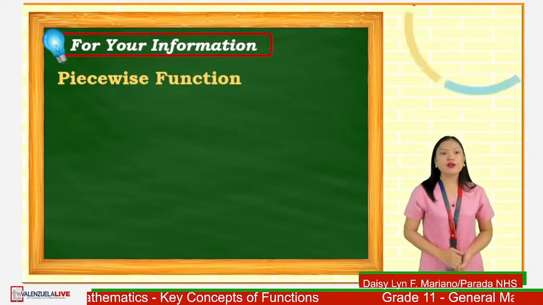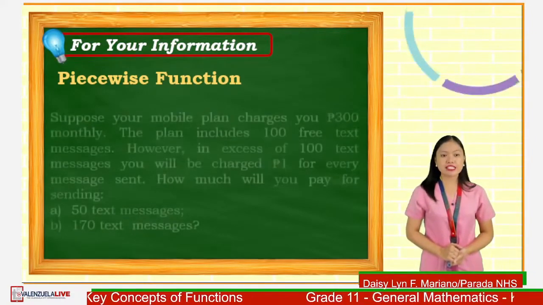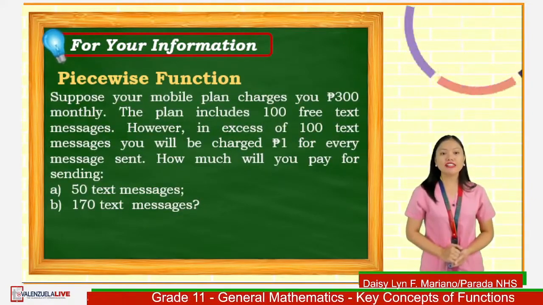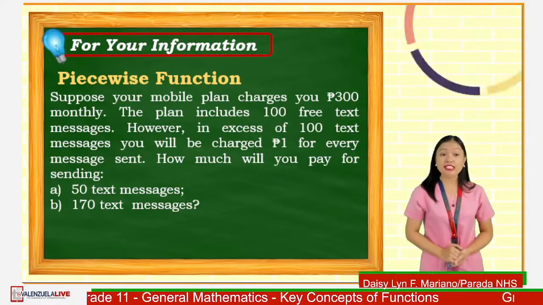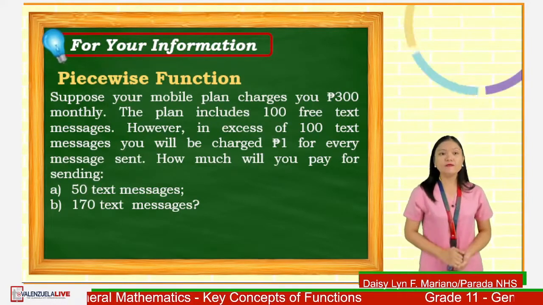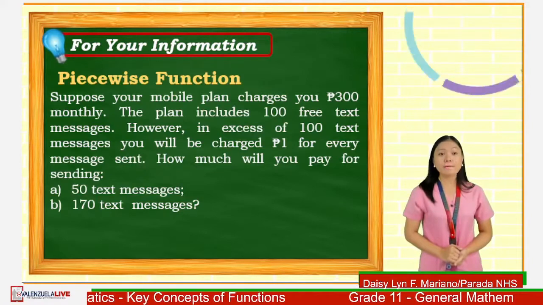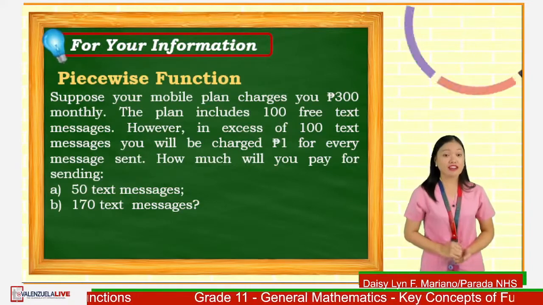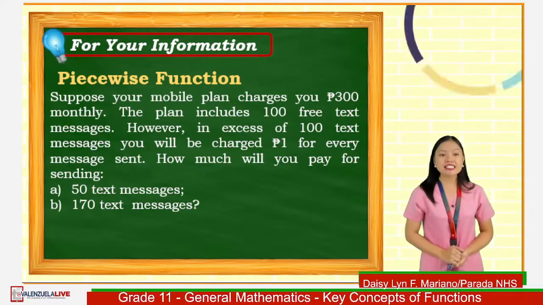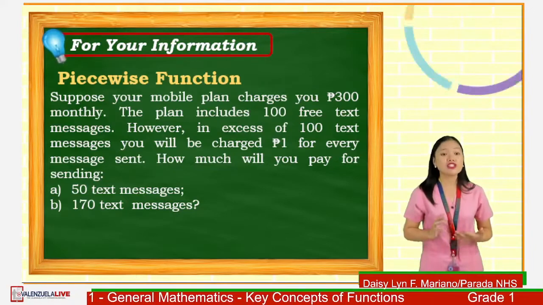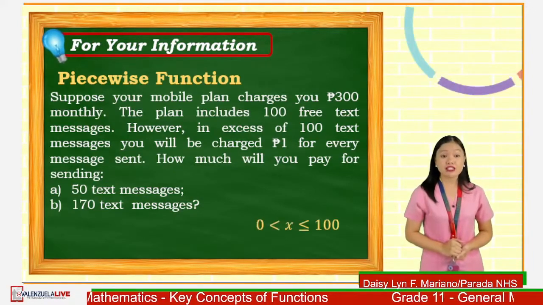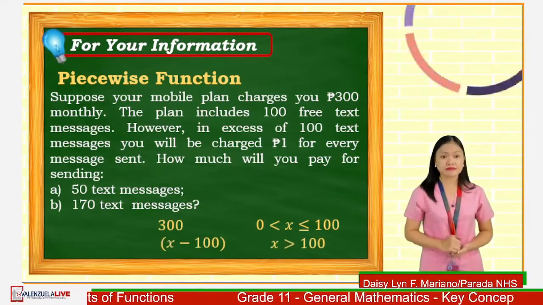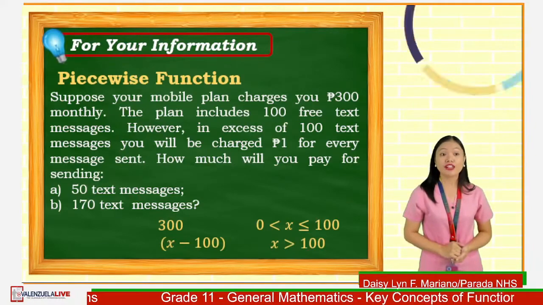From the problem, we may represent the number of text messages sent as x. Since the plan includes 100 text messages for a fixed price of 300 pesos, then if x is greater than 0 but less than or equal to 100, the cost to be paid is 300. However, the excess from 100 text messages will be charged 1 peso per text message. So, the number of exceeding text messages may be expressed as x minus 100.